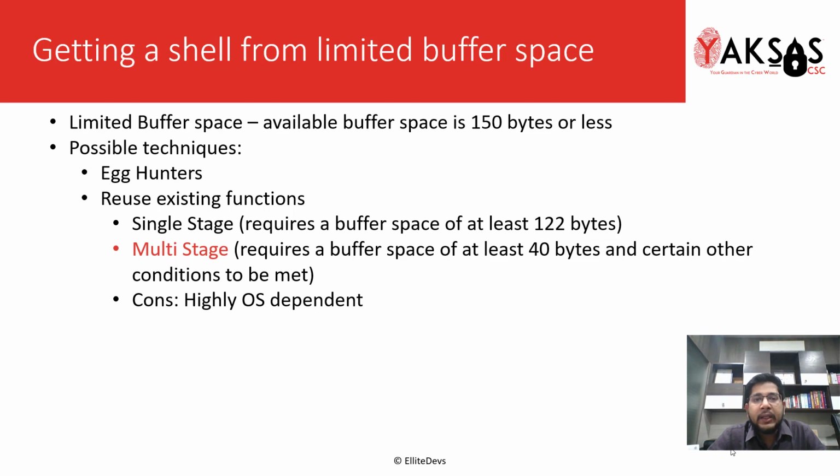The second technique, and the technique that we are going to learn in this module, is the multi-stage technique. In this technique, we first send a small payload to the application which executes a function call, and through this function we can then send a larger buffer or a larger payload to the application, which will then get executed and send a shell back to us.